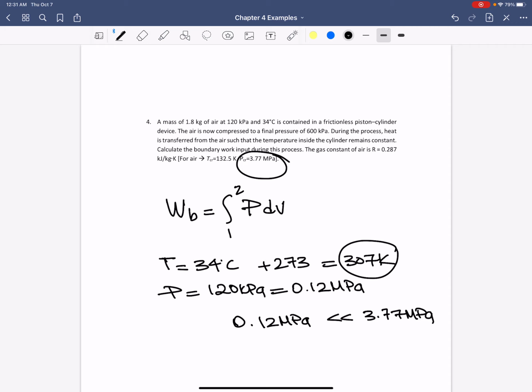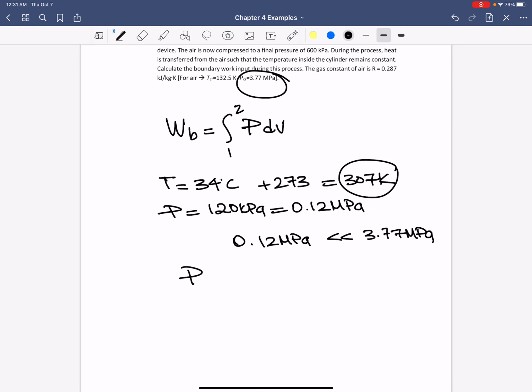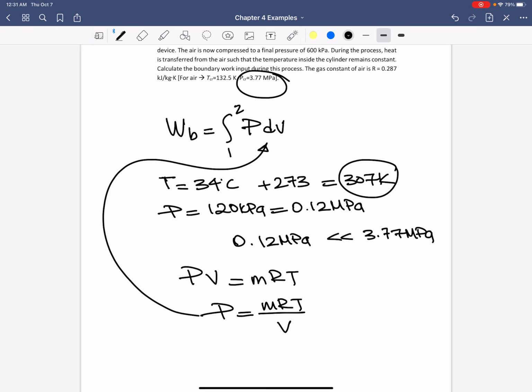So let's use the ideal gas equation. PV is equal to MRT. Solve it for P: MRT over V. And we can plug this in here.